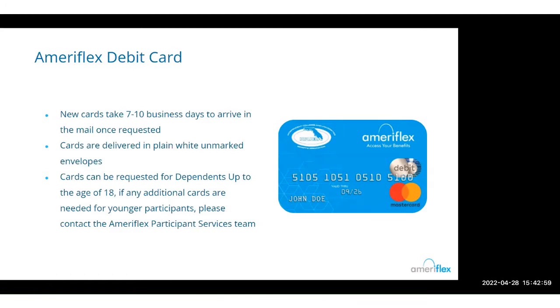If you use the ICUBA single sign-on, or direct access to the Ameriflex portal, which Sarah's going to demo for us later in the presentation, you can check your card, see when it was mailed, and verify that your address is correct. If your address is not correct, you'll need to update it with your school's payroll or HR department, dependent on their protocol for that.